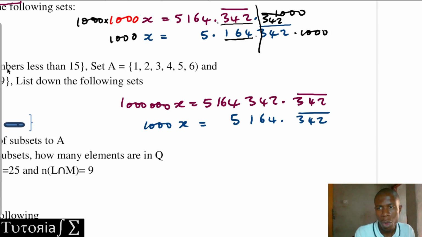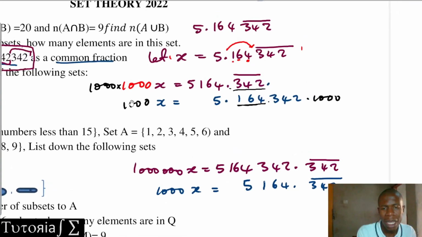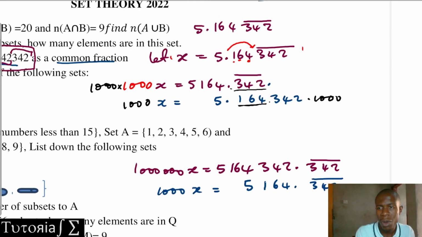Okay, let me just go through what I said here. We previously had x equals 5.164, then the part that is repeating, which is 342.